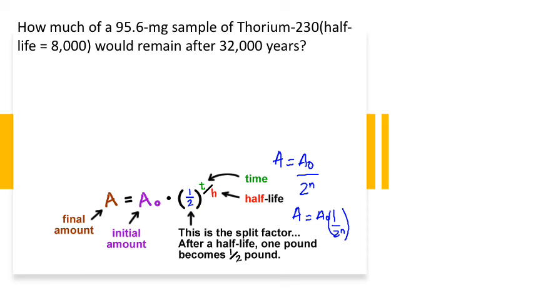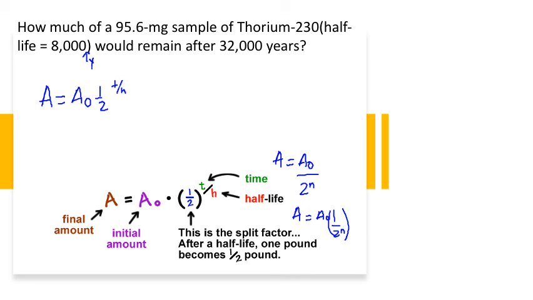But anyway, how much of the 95.6 milligram sample of thorium-230 with a half-life of 8,000, this should say years, would remain after 32,000 years? So let's plug it in. I always like to just rewrite the equation, just kind of a habit thing.